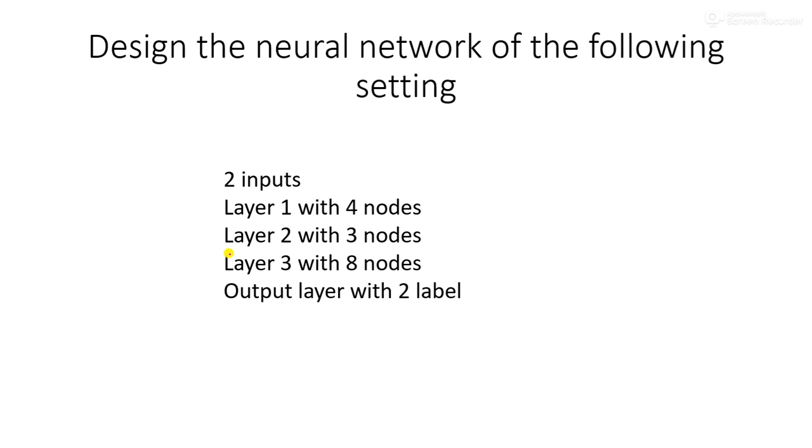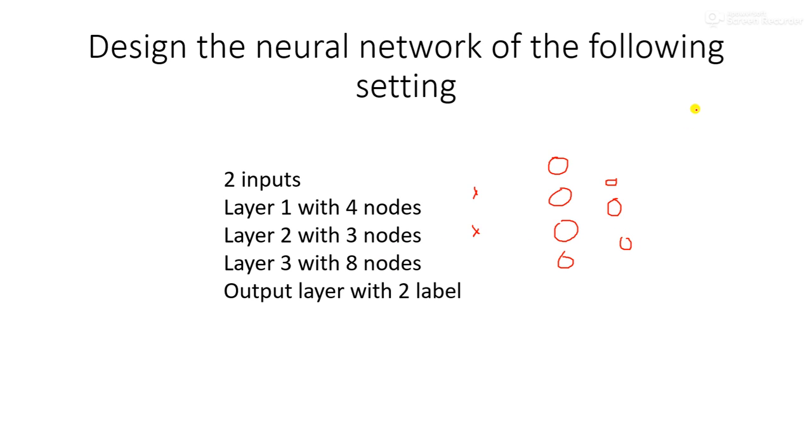Design the neural network of the following setting. So how are you going to design it? Okay, so you got two inputs, x1 and x2. Layer 1 has 4 nodes: 1, 2, 3, 4. Layer 2 has 3 nodes: 1, 2, 3.